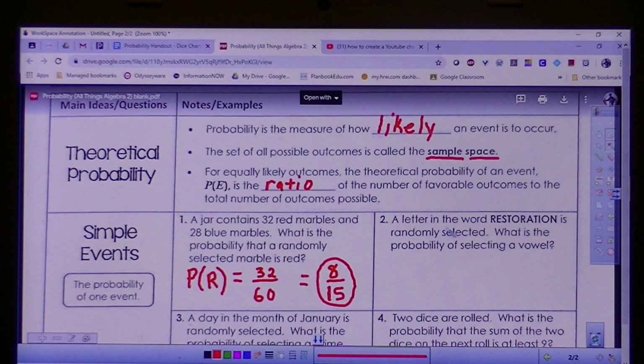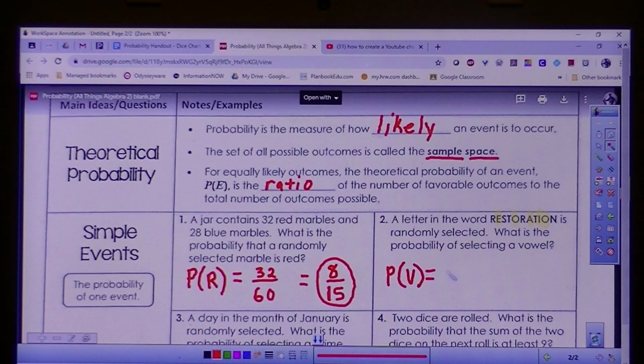A letter in the word restoration is randomly selected. What is the probability of selecting a vowel? Well, how many vowels do we have? We've got E, O, A, I, and O. So that's 1, 2, 3, 4, 5 vowels. Now let's put V for vowel.